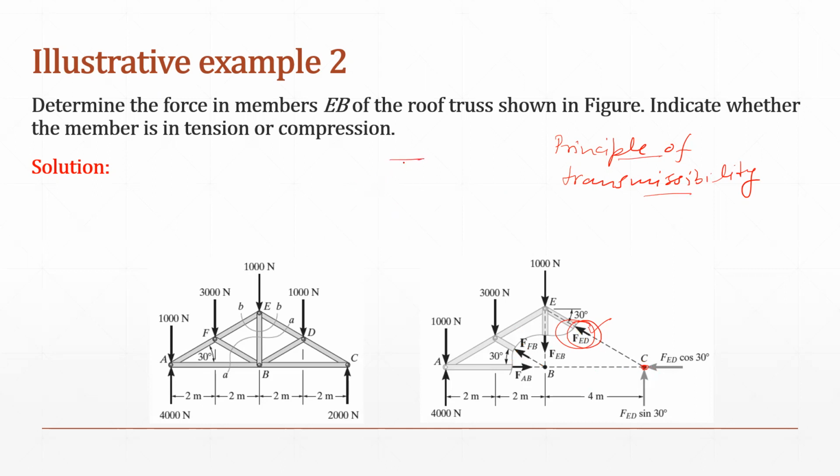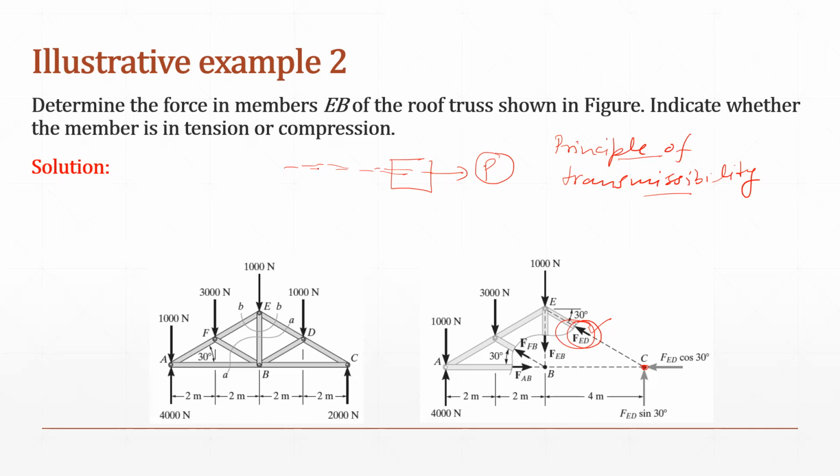For example, if there is a body and it is subjected to a force P, the line of action of this force is this one. Now, if I want to replace this force by another force which will have the same magnitude but at some other place, that place will be along the line of action.